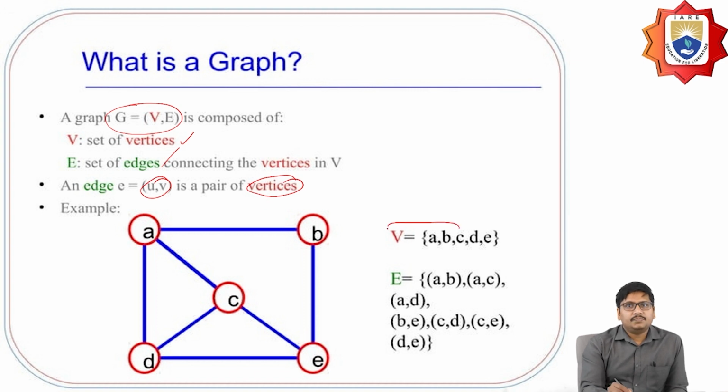Here the vertices are written as A, B, C, D, which are the vertices in the graph. And the edges are nothing but the combination of starting and ending vertex.